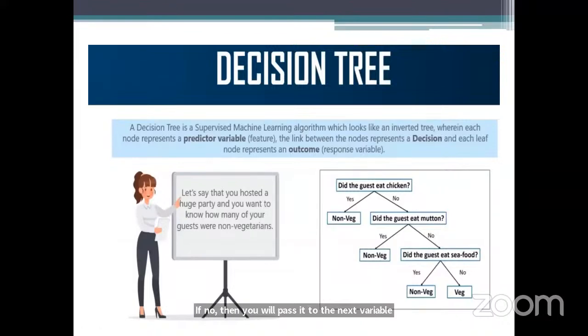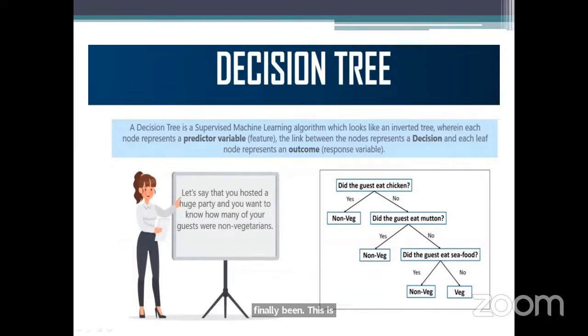Did the guest eat mutton? If yes, it goes to the non-vegetarian category. If no, it automatically moves to the last variable. Did the guest eat seafood? Here also it checks: if yes, non-vegetarian; if no, finally veg.